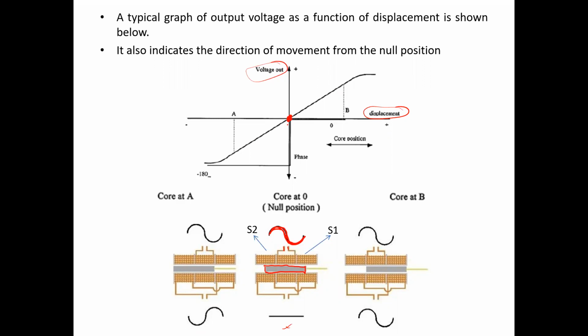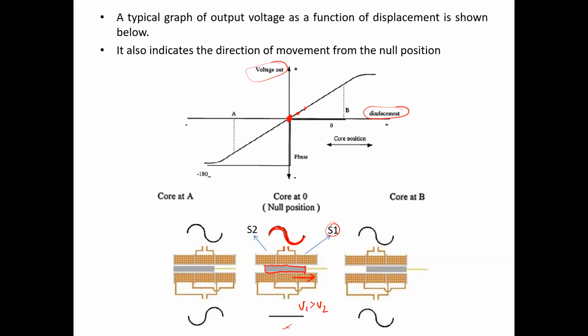Now as the core moves towards the right hand side, the coupling with the primary winding and the secondary winding 1 will start increasing. As a result, V1 will start increasing compared to V2, and the output voltage will start becoming more and more positive, which is indicated through this line.